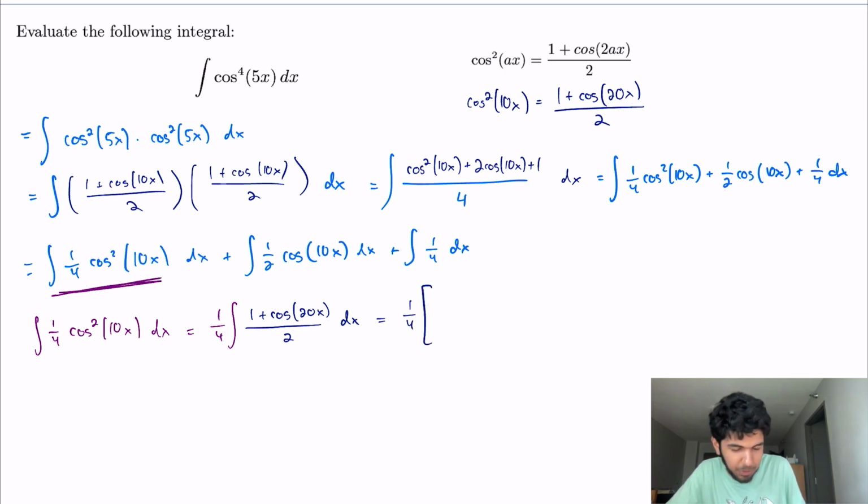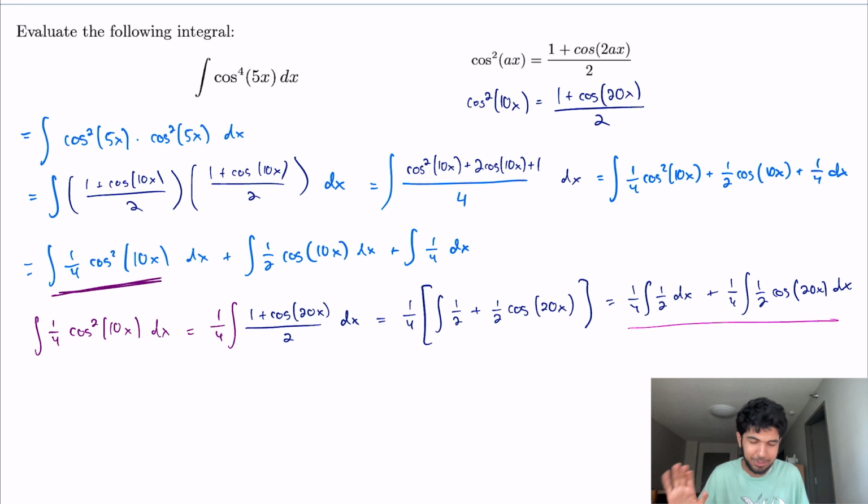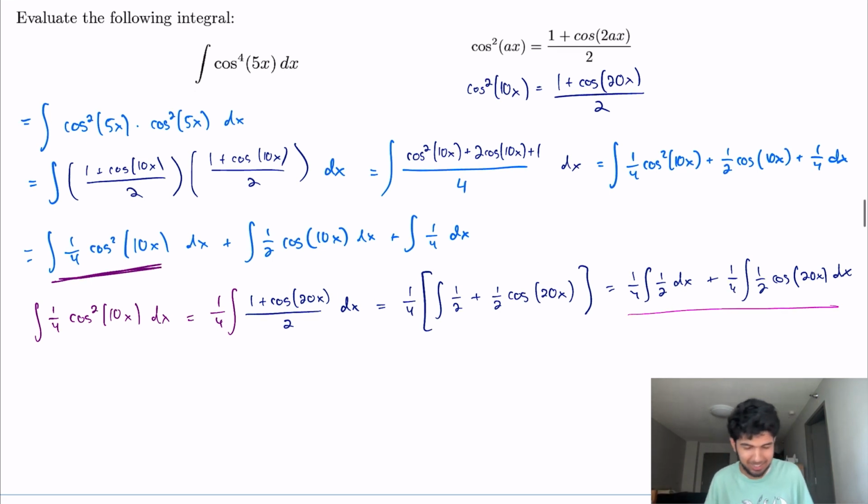We can split apart the integral into the integral of 1/2 plus 1/2 cosine of 20x, and then that can be split apart into two integrals as well, like so. Now we can substitute what we just solved back in, and then we're left with a bunch of integrals that are easy to solve.